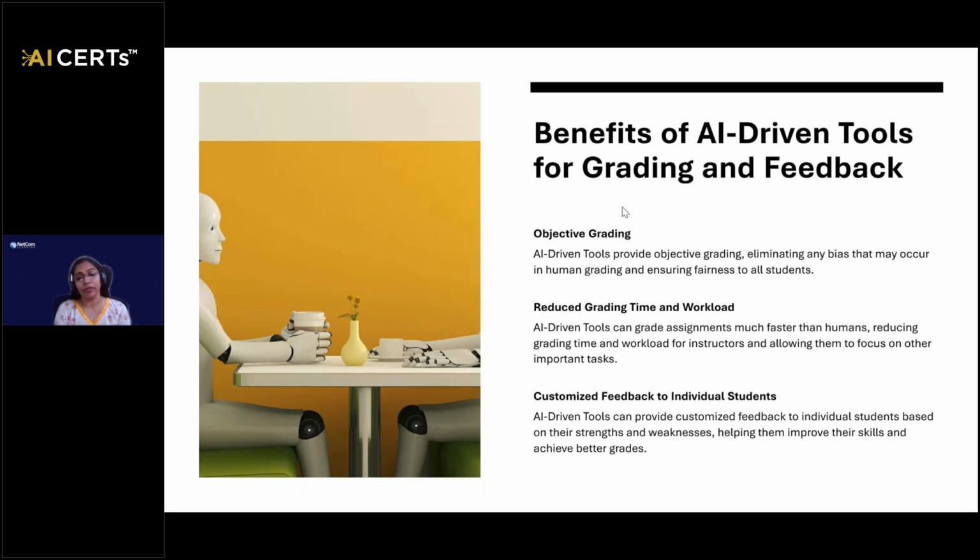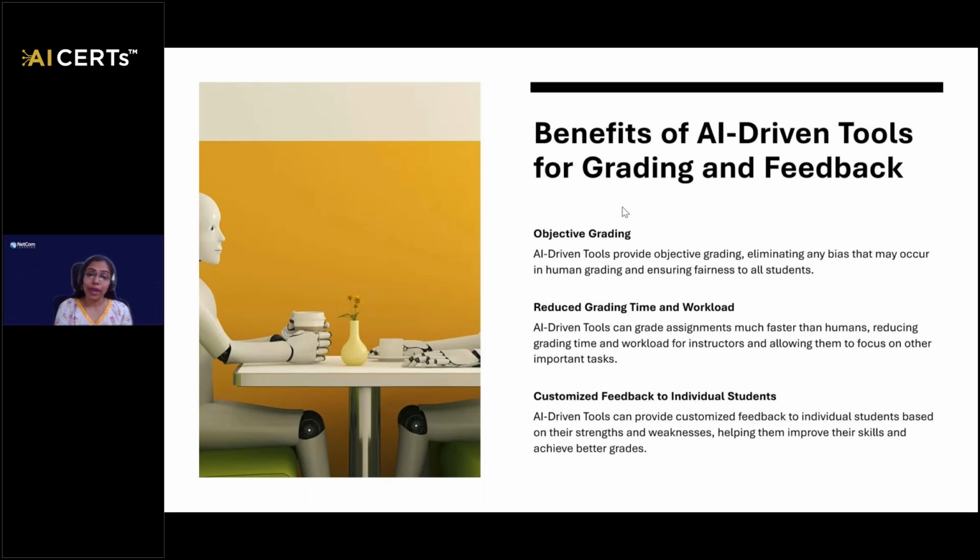AI driven tools can provide customized feedback based on their strengths, their weaknesses, where they need to emphasize more, where they can do better, helping them improve their skills and achieve better grades.